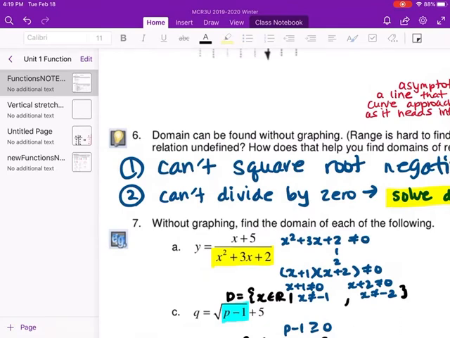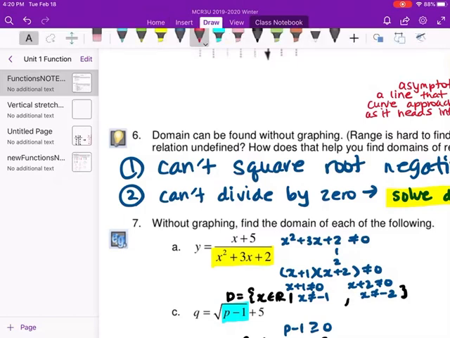Two numbers that multiply to 2 and add to 3 are 1 and 2. So my factors are x plus 1 times x plus 2 equals 0. So when x is equal to -1 and when x is equal to -2, this expression is going to be equal to 0.